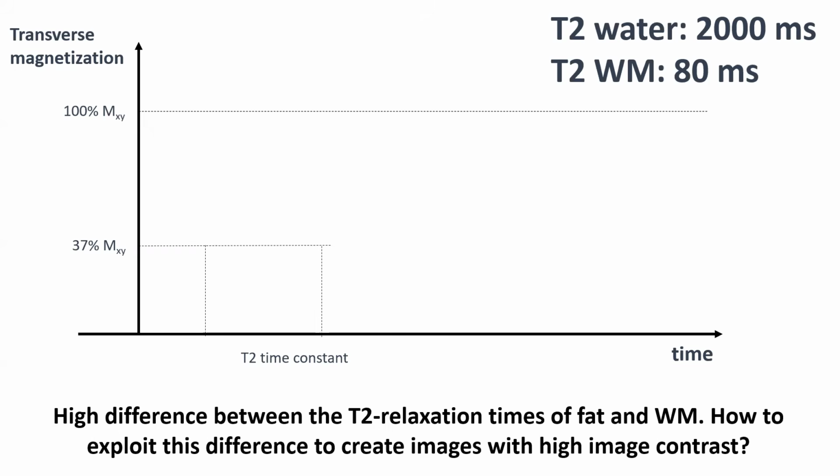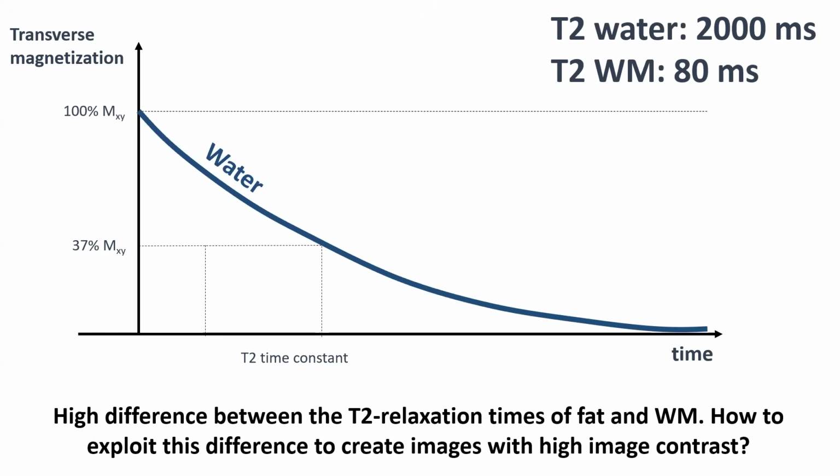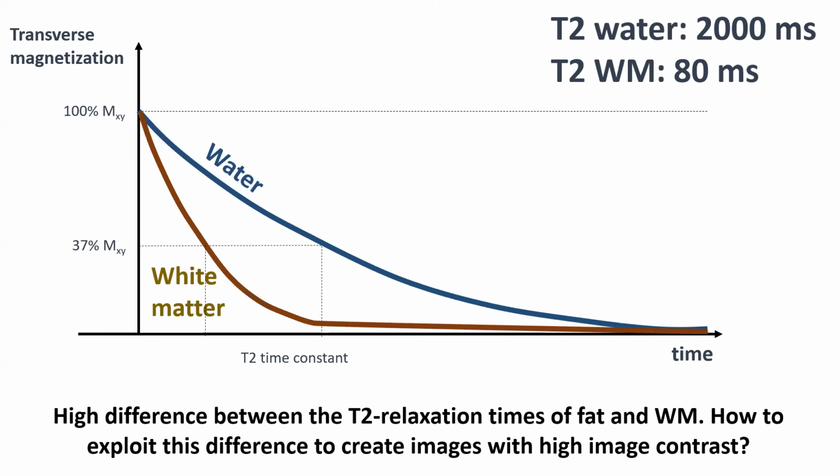And for white matter, that happens very rapidly, after 80 milliseconds. If we were to draw the T2 relaxation curve for these two structures, that's what it would look like for water, and this is what it would look like for white matter. We see that there's a lot of contrast between the two, or a big difference in T2 relaxation times at this time point.